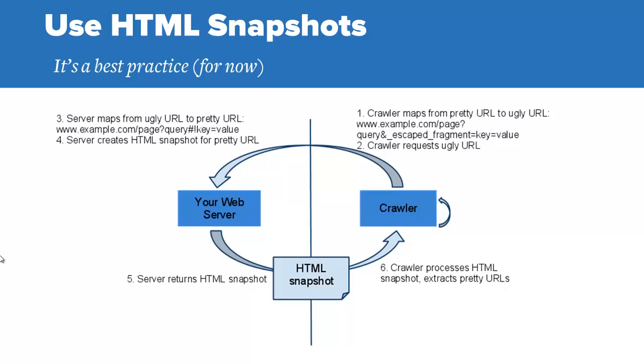Another thing that Google talks about in their best practices is HTML snapshots. Now, this is an interesting thing which not a lot of people understand completely. To put it simply, you show Google a different version of the site than you're showing your normal customers. Now, this gets tricky because you can get into some issues with cloaking, so you want to be careful.